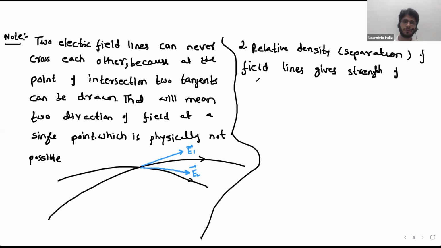Strength of electric field means the magnitude of field, which is given by the relative density of the field lines.